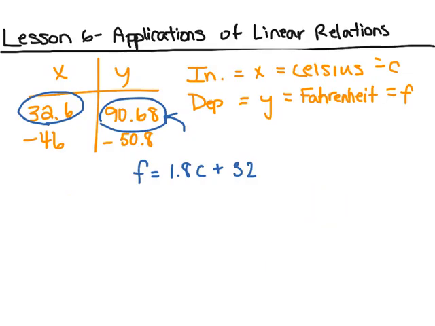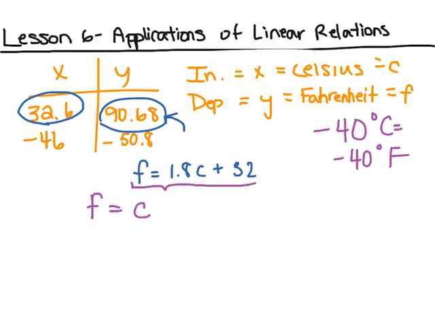The next one is we want to find when Celsius and Fahrenheit are the same. If you know off the top of your head, it's negative 40 degrees Celsius is equal to negative 40 degrees Fahrenheit. But I'm going to show you how to do this. So we want to show when F is equal to C. But because we can't solve anything with that, we're going to use this equation to solve for C. So we isolate our C variable. F is equal to 1.8 C plus 32.